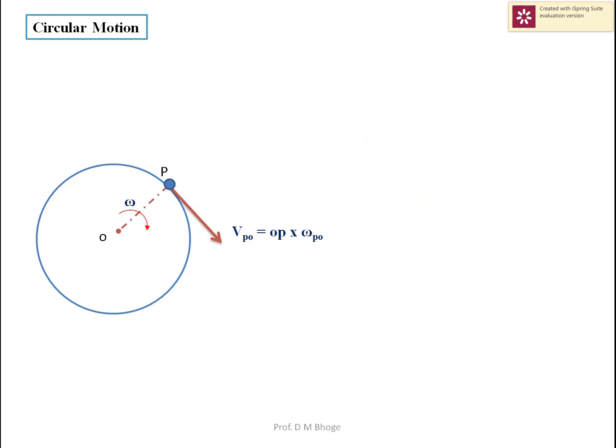Now we have seen a particle in circular motion will have two velocities, one its own angular velocity and another is linear tangential velocity. Now let us see what about the accelerations. Take a case where the particle is rotating with uniform speed, that is omega is constant.